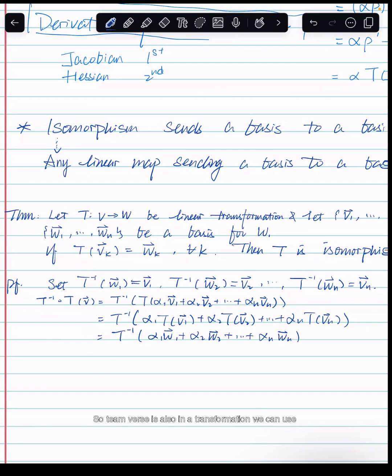T inverse is also a linear transformation, so we can distribute it inside to get alpha 1 T inverse W1 plus alpha 2 T inverse W2.